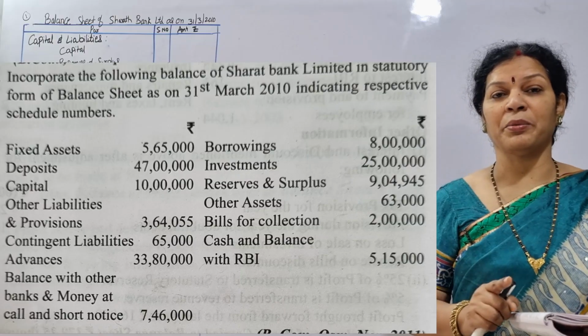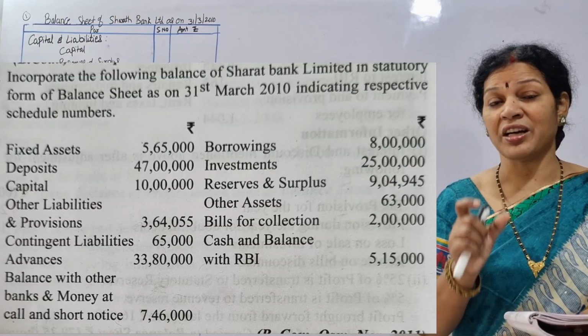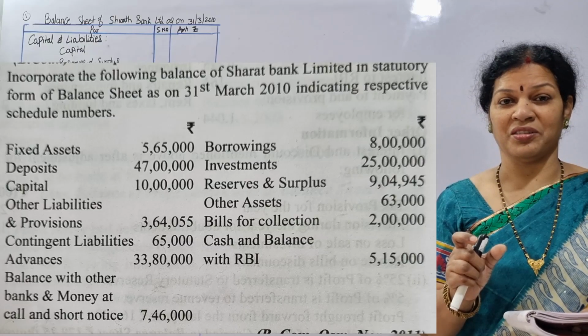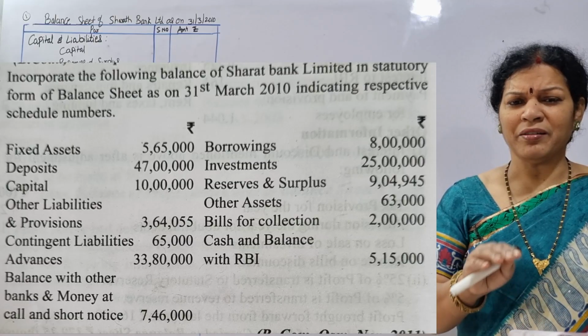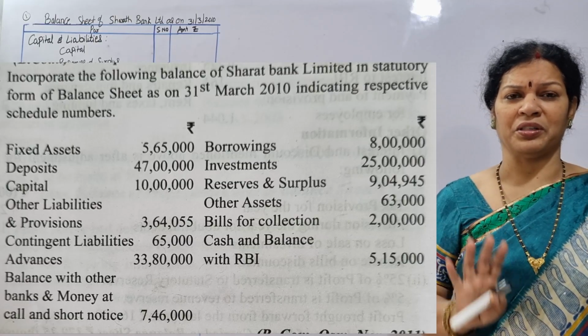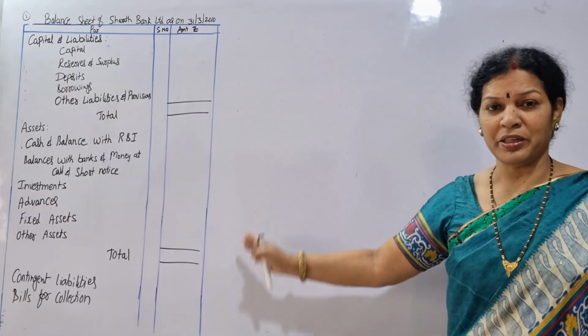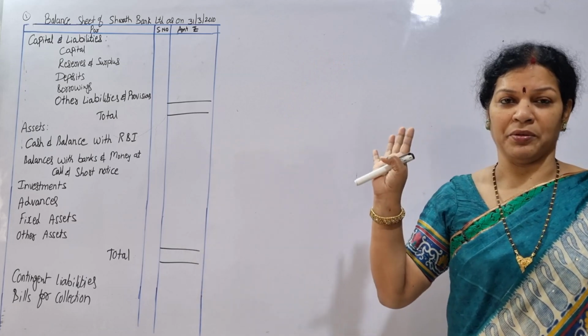Cash and balance with RBI is the first item, not first schedule, first item on the asset side. Means it is 6th schedule. Like this we have identified everything. All the schedules are given to us. Now the format is already prepared. Now you just have to post the amounts here.